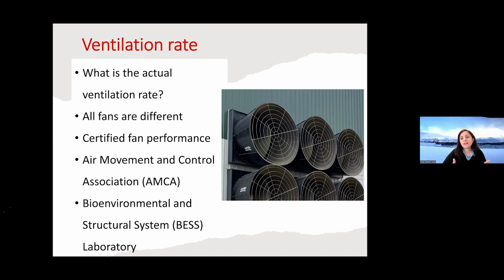So these fans are drawing air through the barn to the outside. But what is the ventilation rate? All fans are different, and it really depends on the brand and company name and the model number. But if it is a certified fan, there is a certified fan performance. And there are two labs in the United States that do this certification. One of them is the Air Movement and Control Association.